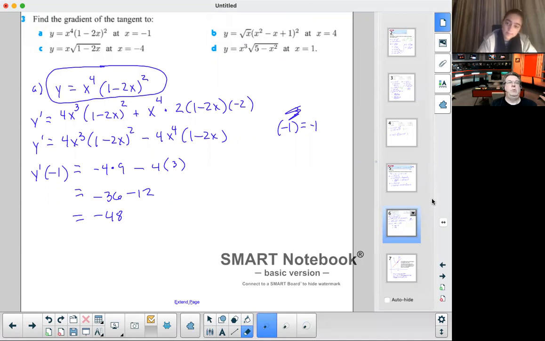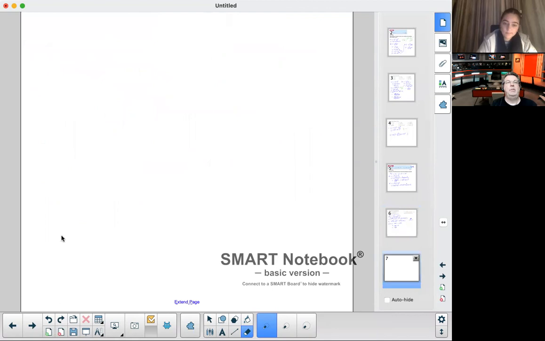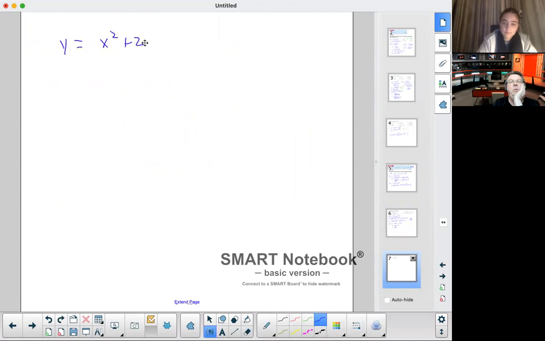I want to do an easier one for you, just so you can see what's actually happening here. So I'm going to do a simple function like y equals x squared plus 2x, I don't know, minus 3. So the derivative would be 2x plus 2.